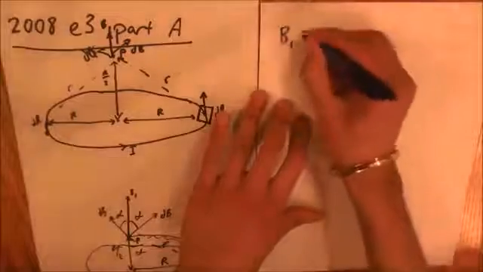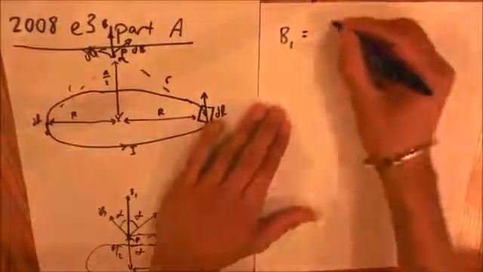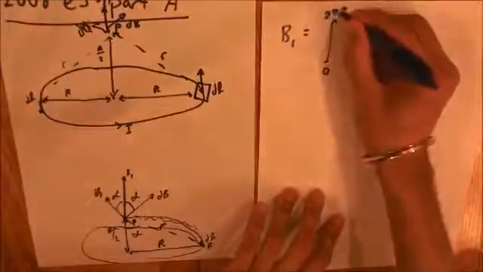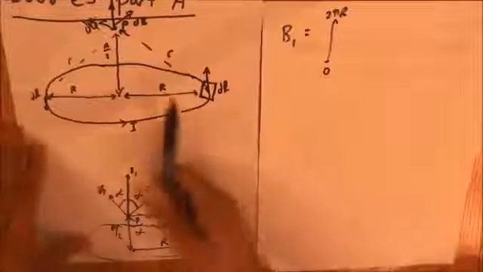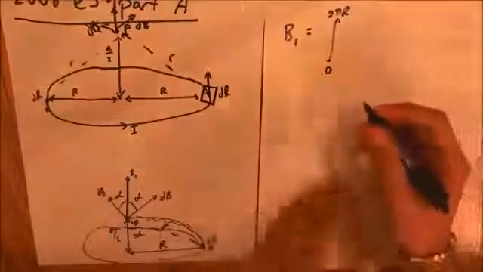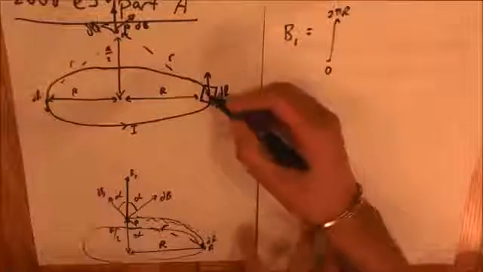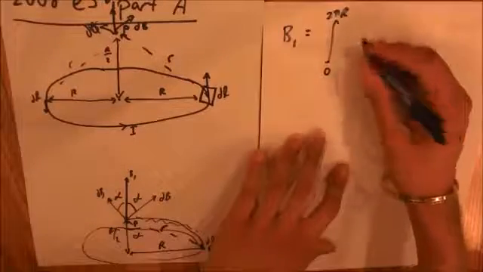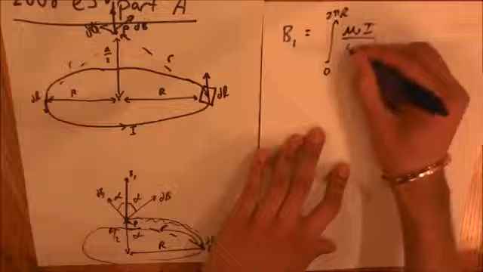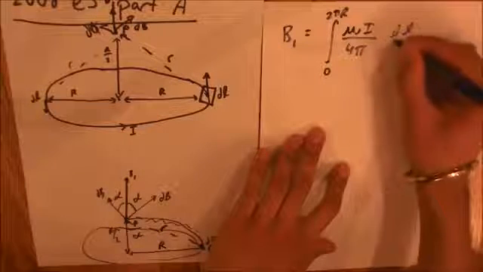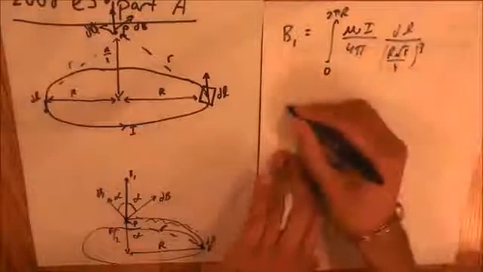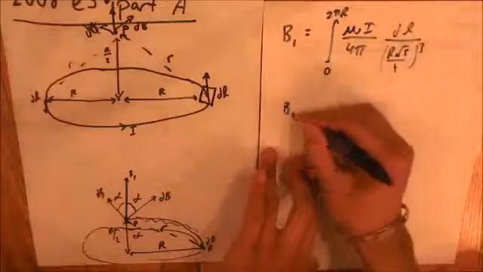Then B1 is going to be equal to the integral, and we're going to take it from 0 to 2 pi R, because in that case we're taking into account the whole circumference of this loop of wire, because the dl's are going to be going around this whole circumference, so that's how we're going to take it into account. So mu naught I over 4 pi dl over R root 5 over 4 cubed, and then pull out constants.